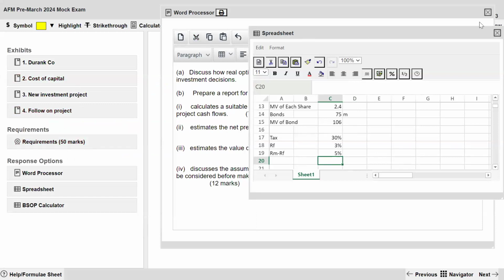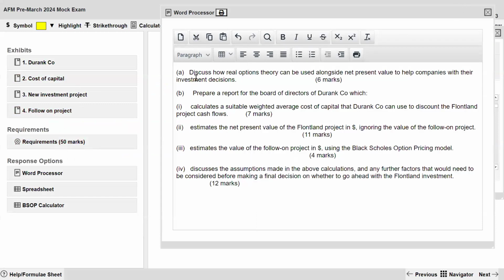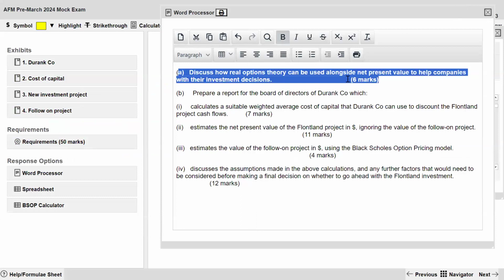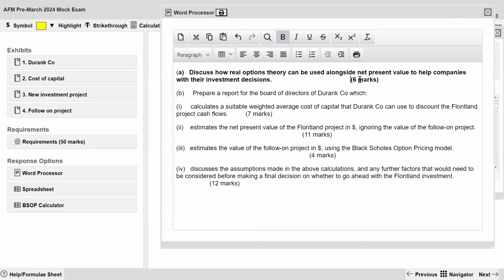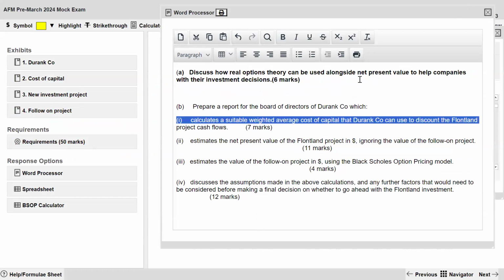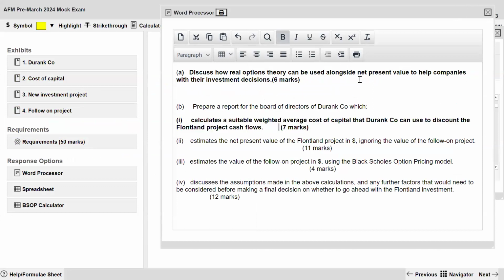One of the requirements is to discuss how real options could be used alongside the net present value. The second is to prepare a report for the board of directors, calculating a suitable weighted average cost of capital that Durham company can use to discount the Frontland project cash flows.